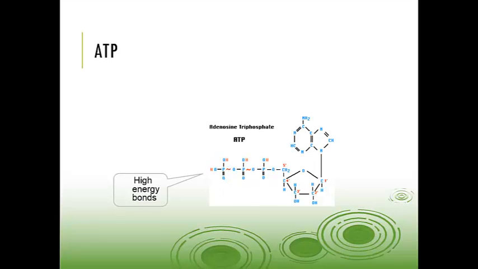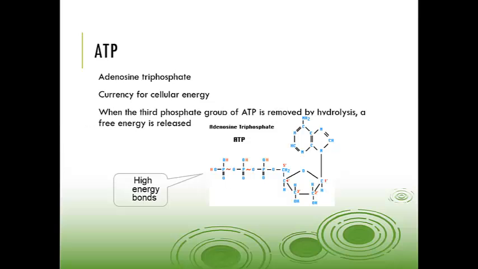ATP is our energy. It is what we have to have in order to maintain homeostasis in one way or another. It's your currency for cellular energy. Why? Because it is what cellular respiration generates for us to function on a daily basis. So here we have our adenosine triphosphate. Here's our chemical structure.